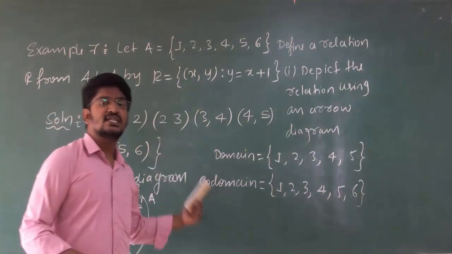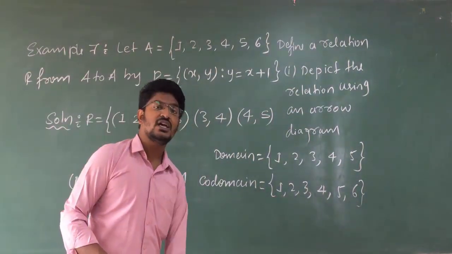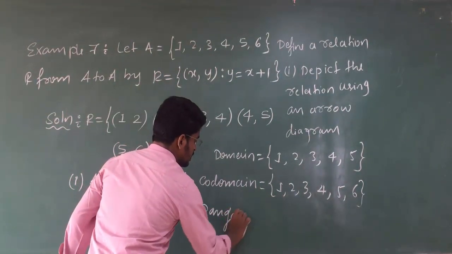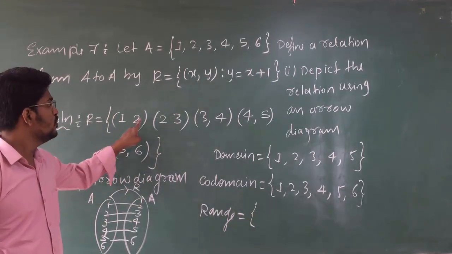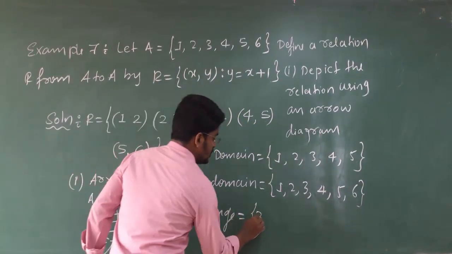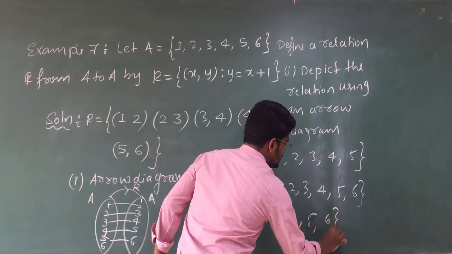Now range. Range is the collection of second elements: 2, 3, 4, 5, 6.